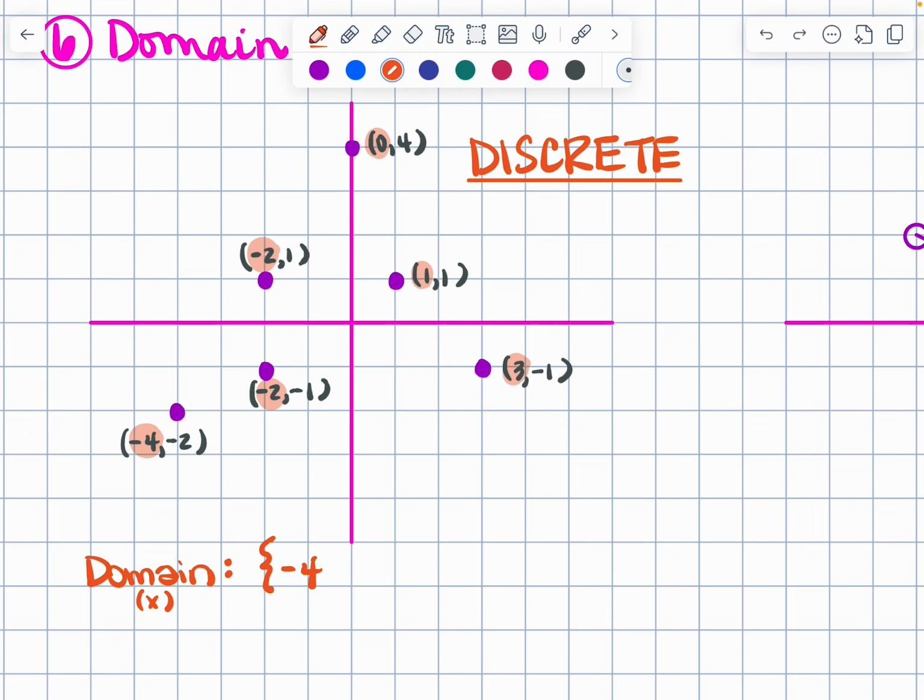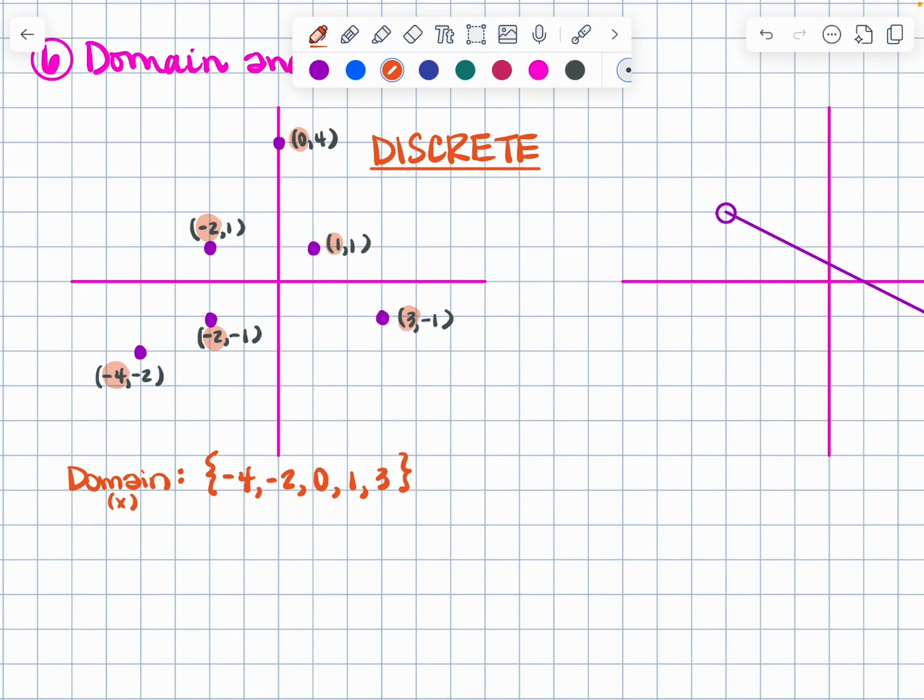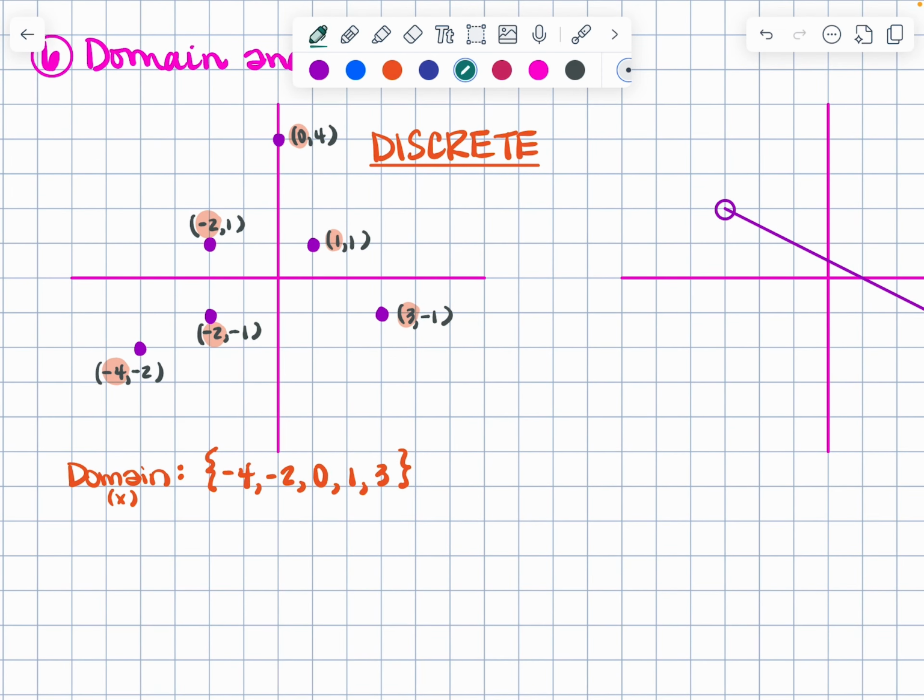That's this guy right here. He's my lowest x value. Then I have 2 points that have -2, but I don't need to list it twice. I don't need any repeaters. Then I have an x value of 0, and then 1, and then 3. That would be the domain of this discrete data because I'm literally just listing the x values in order from least to greatest with no repeaters.